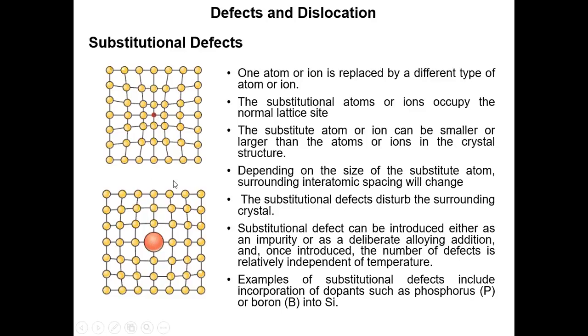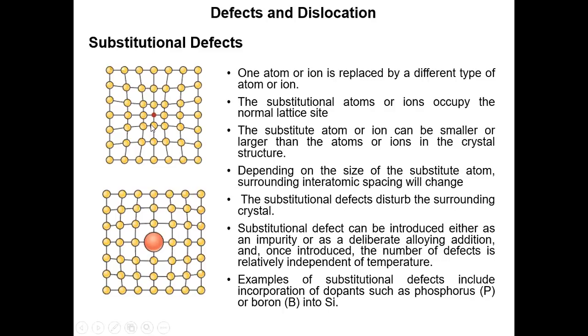Here also the same. It usually occupies the normal lattice site. The substitute atom or ion can be smaller or larger than the atoms or ions in the crystal structure. Depending on the size of the substitute atom, the surrounding interatomic spacing will change. You see, now here a small atom is substituted, and the lattice lengths have changed.